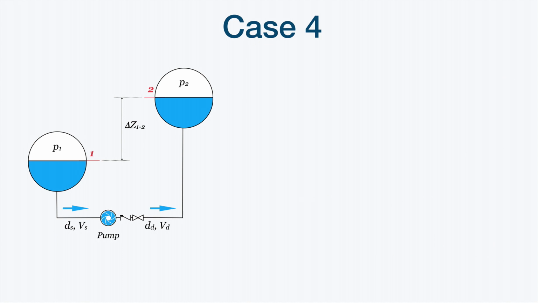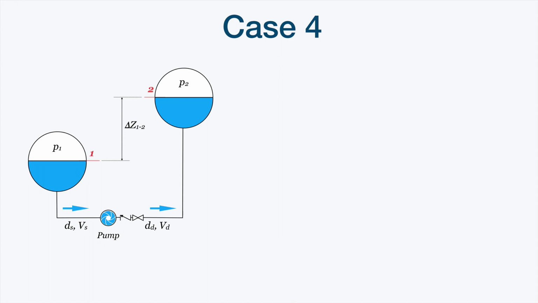The next case: what is the difference between this case and all the previous cases? That the pressure acting over the liquid surfaces is different than the atmospheric pressure. It could be higher, could be lower.